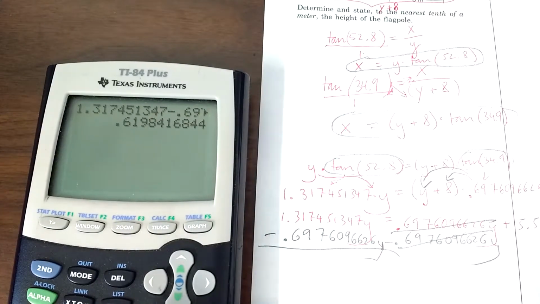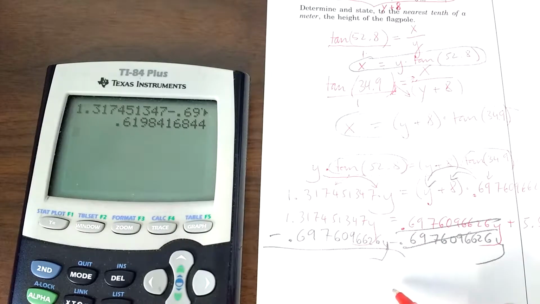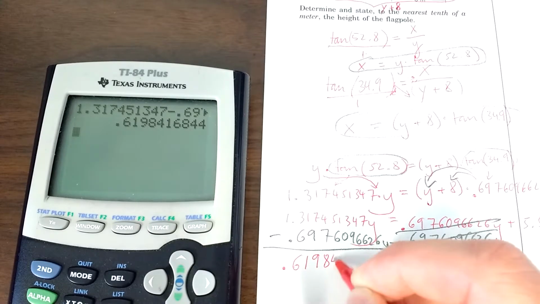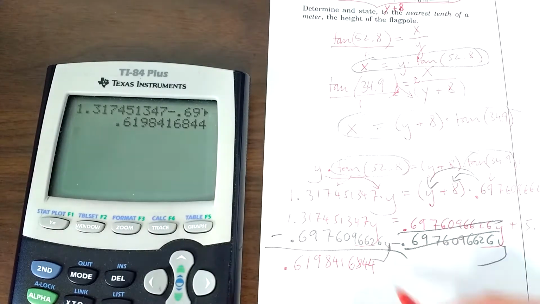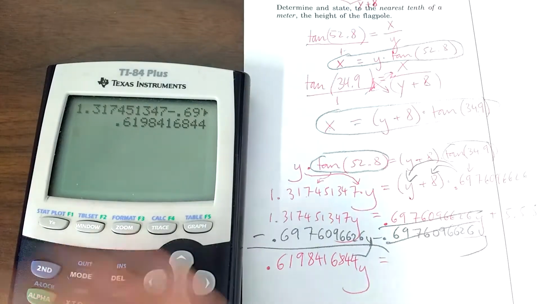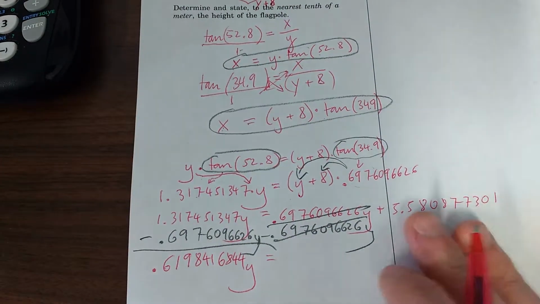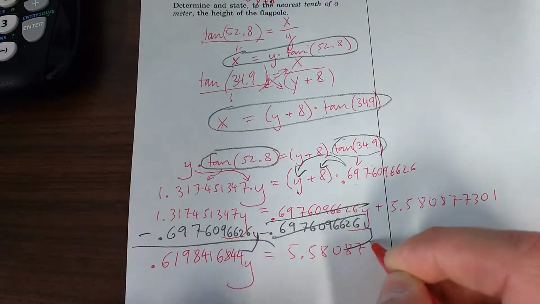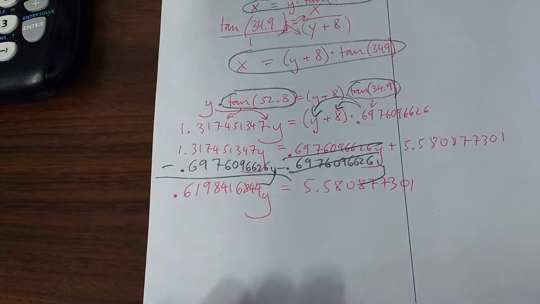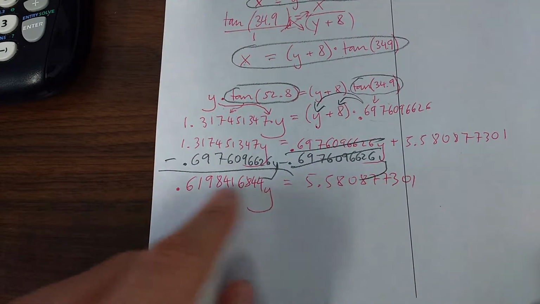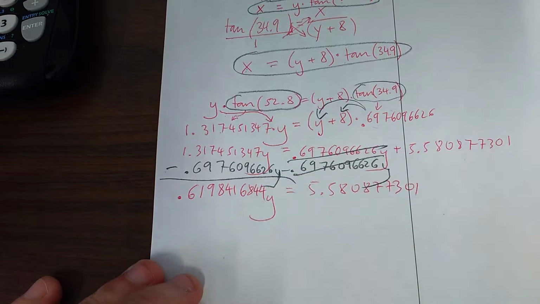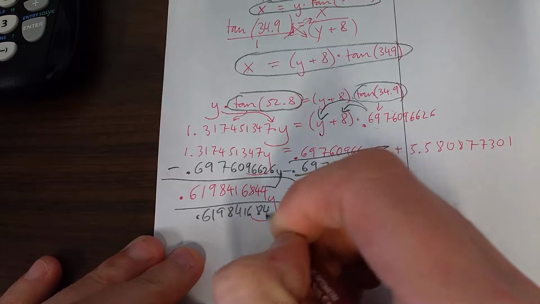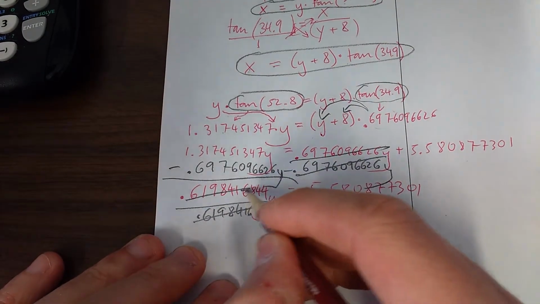Okay, so we do that, and we get this. Okay, and then on the right side of the equation we still have this constant at the end. Okay, and to get y by itself we need to divide by this coefficient. Okay, so that's going to get rid of it.